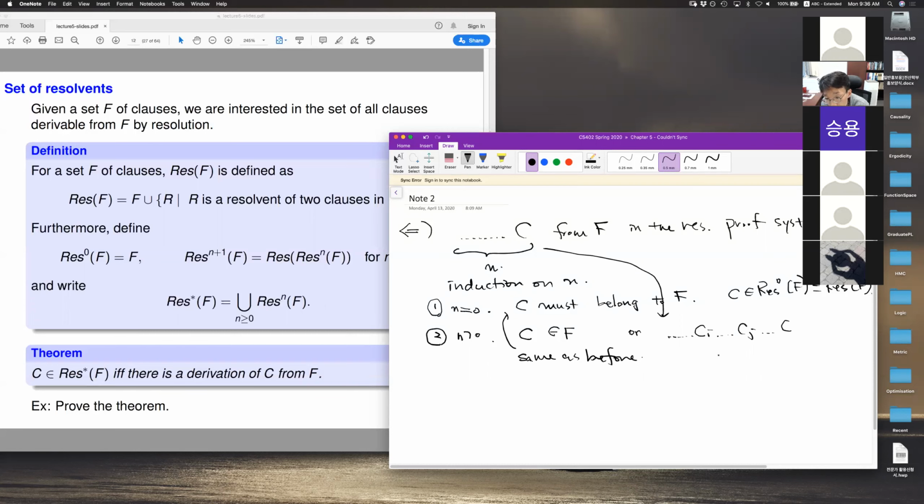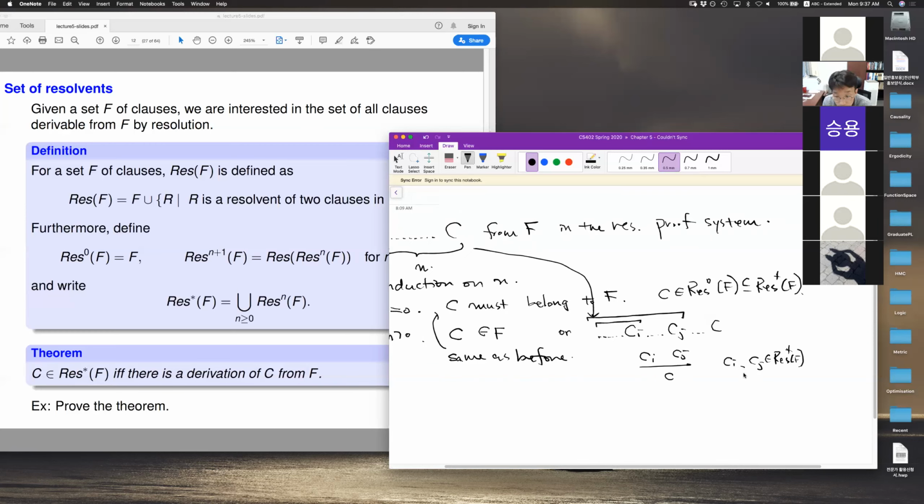In the more tree-like notation, there is this Ci and Cj and C. Because Ci and Cj appear before, this step can be understood as a derivation of Ci, and this step as a derivation of Cj, and they are shorter than n. By the induction hypothesis, Ci and Cj both belong to Res star of F.